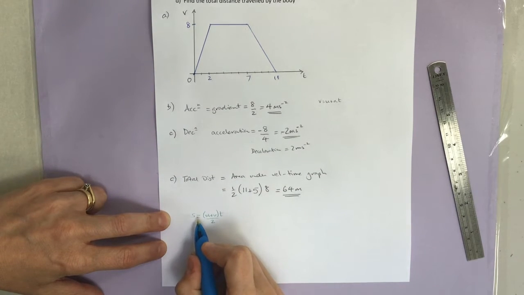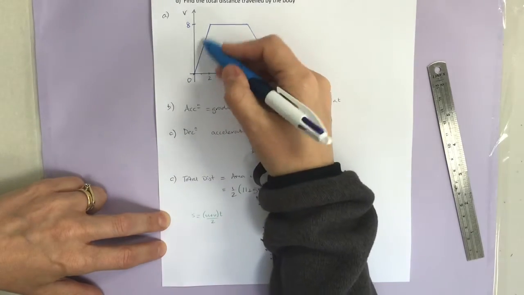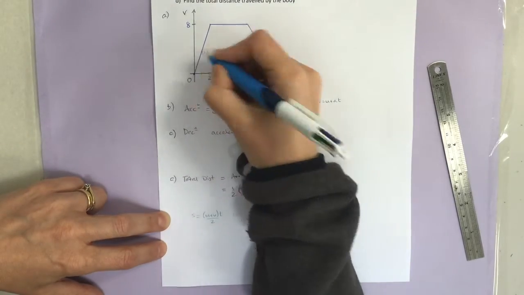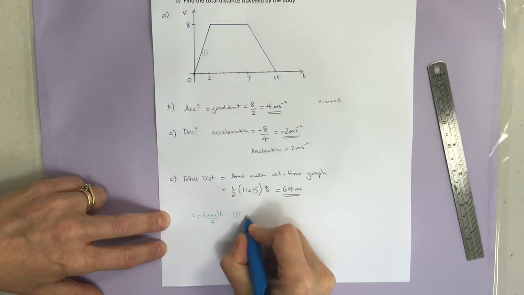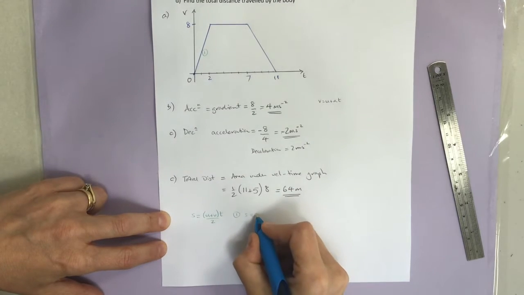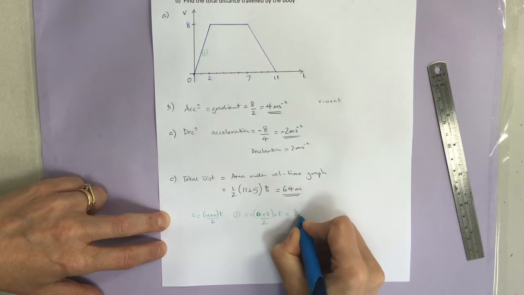Don't have to use that, could use other equations as well. So for the first part of the motion, let's call that 1, my displacement is going to be u is 0, v is 8, over 2, the time taken is 2 as well, so that's going to give me 8 metres.